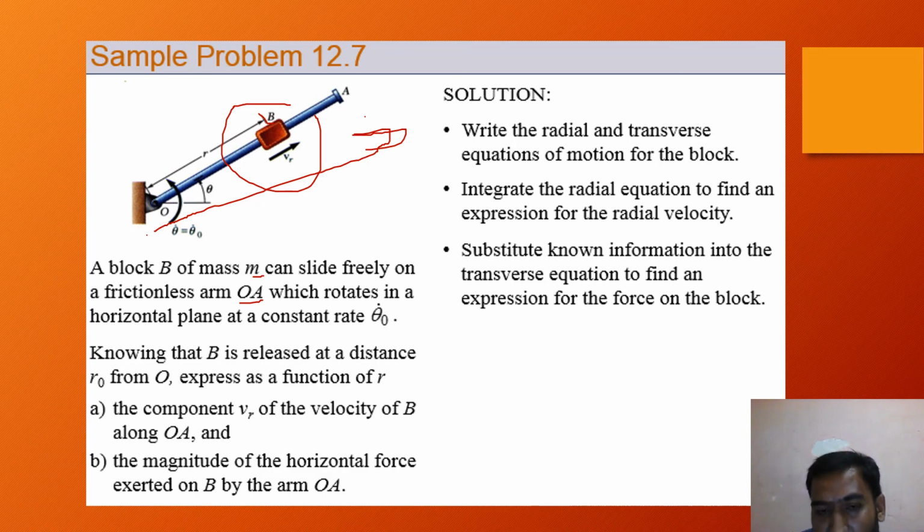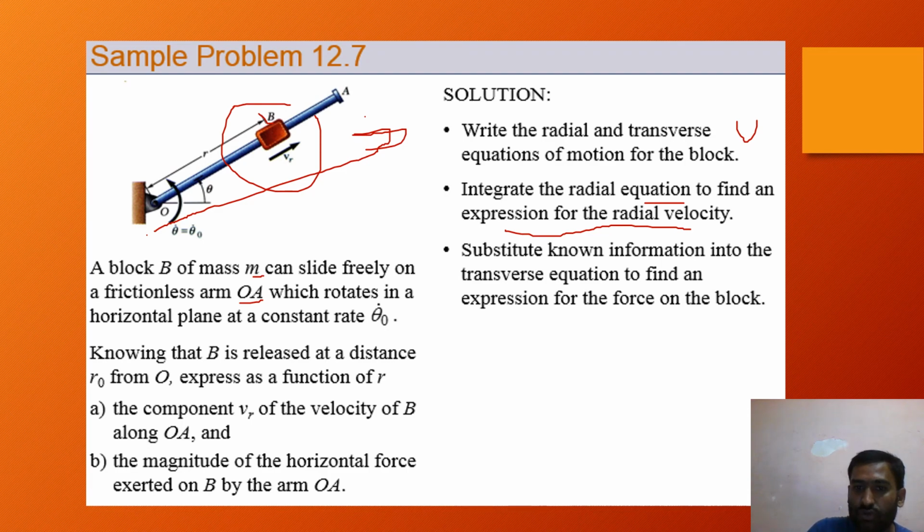Okay, here I wrote some hints for this solution. First, write the radial and transverse equations of motion for the block. Integrate the radial equation to find an expression for the radial velocity.